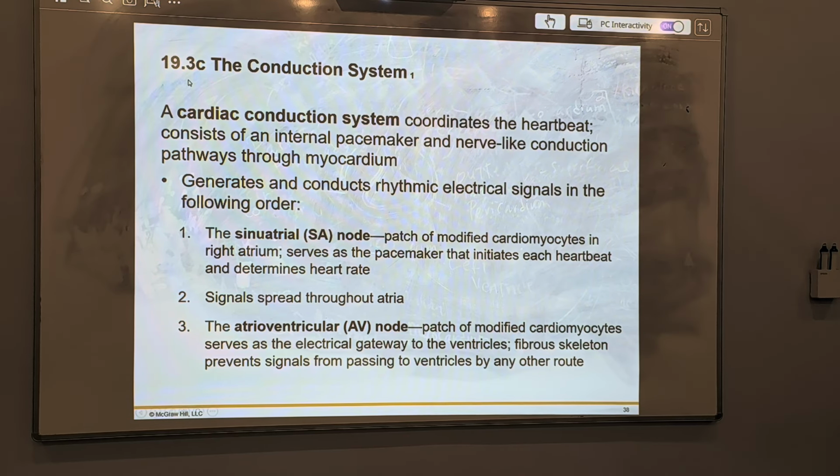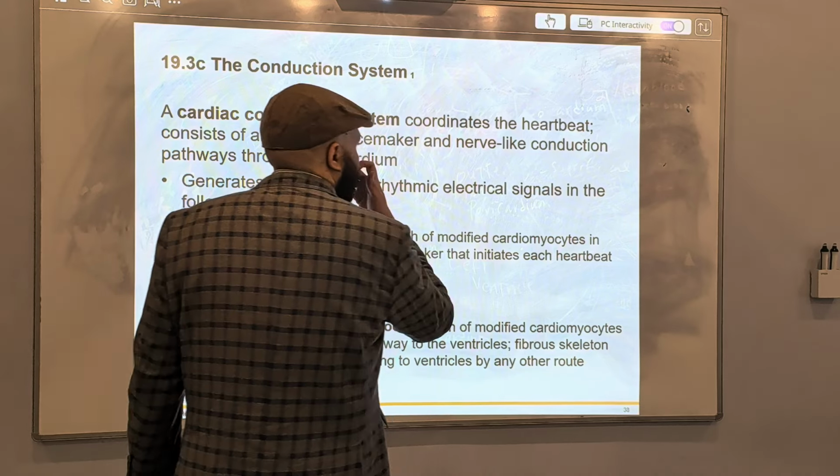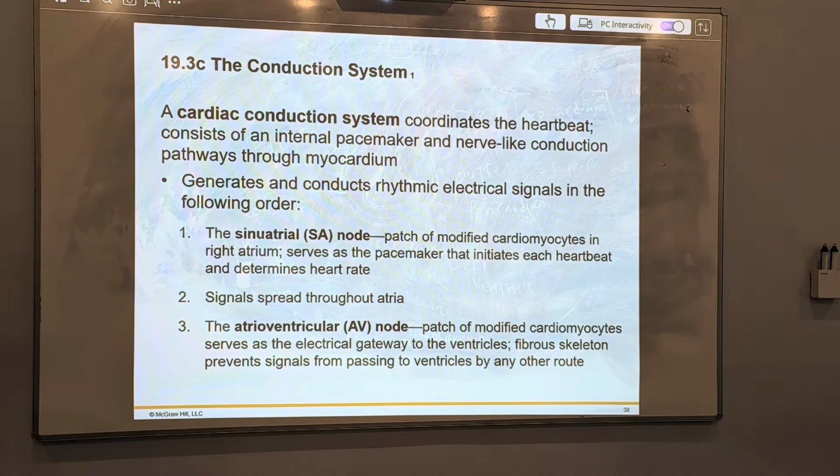Now we're going to talk about the cardiac conducting system. The conduction system coordinates the heartbeat, and it has an internal pacemaker known as the sinoatrial node, and a nerve-like conduction pathway through the myocardium.